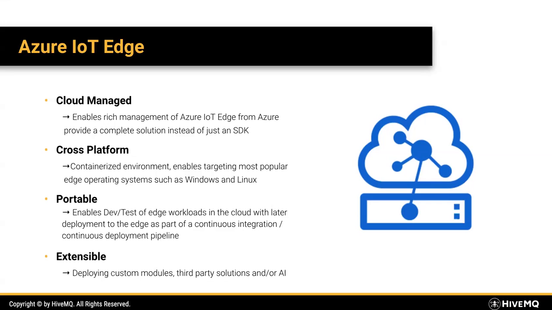And potentially these failures and anomalies could be trained in the cloud by training a certain machine learning model and deploying it to the edge. So this is the idea, and this is what Azure IoT Edge supports.